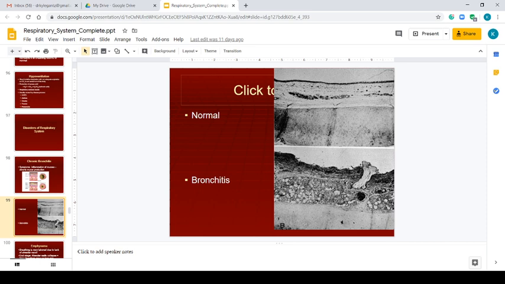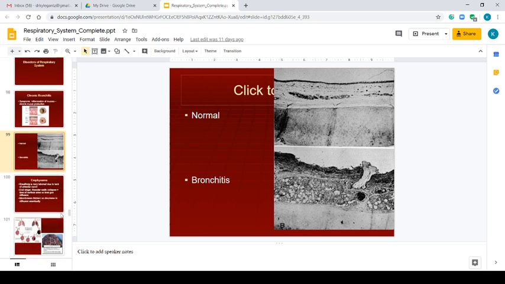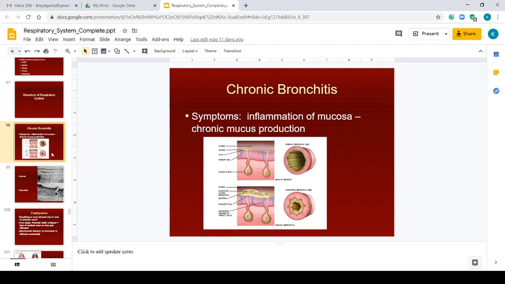We see mucus in there, and you can see how nice and clear and open the normal one looks, and how cruddy this one looks. The big thing with chronic bronchitis is the mucosa is inflamed, and it cuts down on the area that air can go through, and also a bunch of mucus is produced. Even mucus alone would cut down on some of the airway. However, if you have more mucus and then make the area smaller, now you've really cut down on the airway.